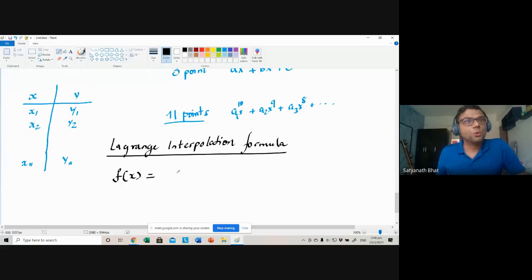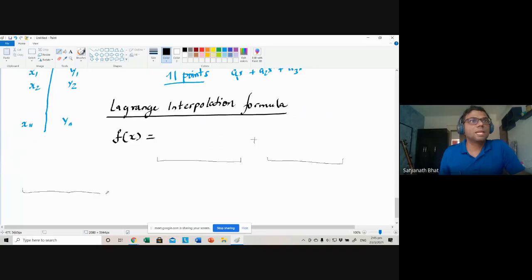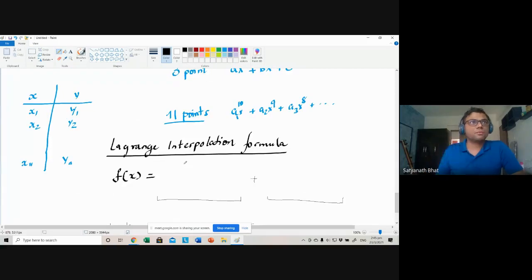So what you do is, there will be 11 terms that I'm going to sum, 1, 2, all the way, 11 terms. Each term will have a particular feature. The first term will be something like this.